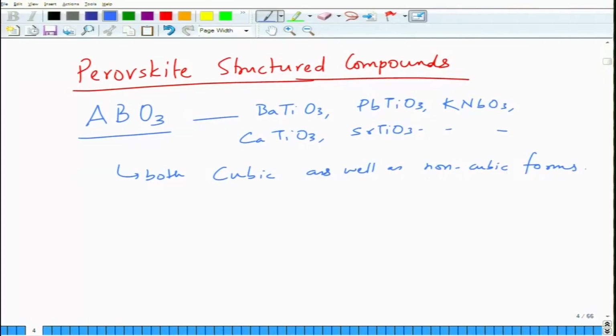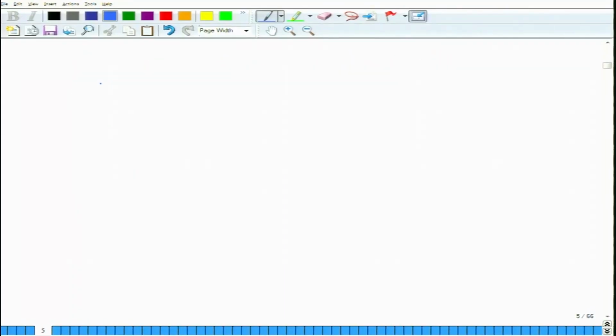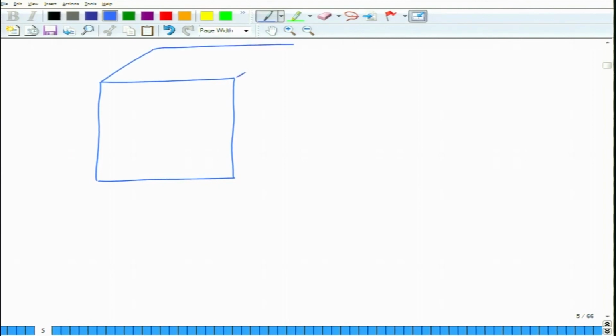So, the way this structure is made is like this. In this unit cell, the oxygen atoms, if I refer them as orange, occupy the face centers of this cube.